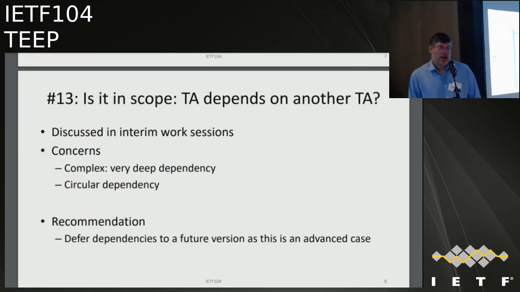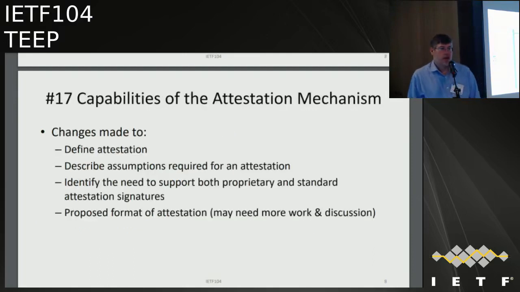Okay, so attestation. We added quite a bit of text around attestation to the current architecture draft. I'm not proposing that we close this at this time. I still think there's some work to do. So I want to walk through what we did in the draft.